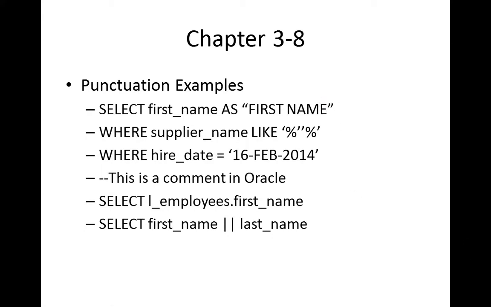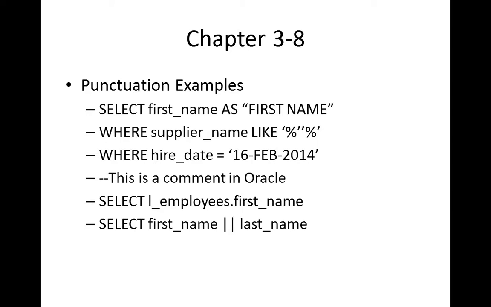Supplier's name: remember, we're going to use percent signs if we want to look at something with numbers or letters on either side. Hire date: in this case, here's an example where we've used a reserved word, but we put an underbar to define it, or add the word hire.